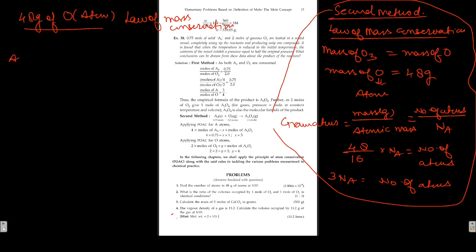Now we can say the atomic mass of oxygen is 16 gram per mole.